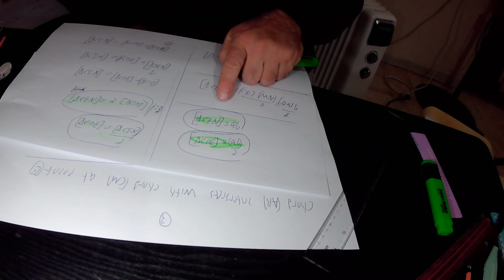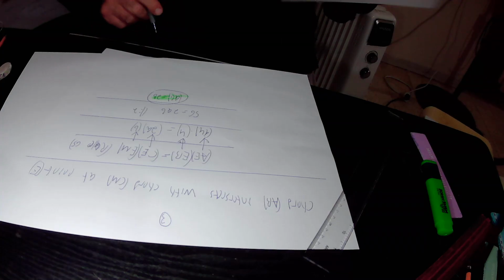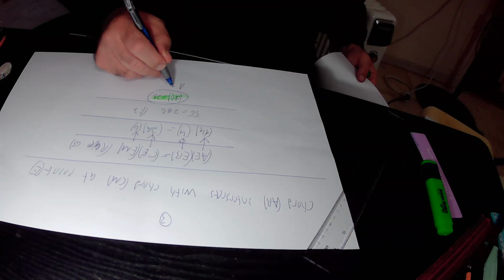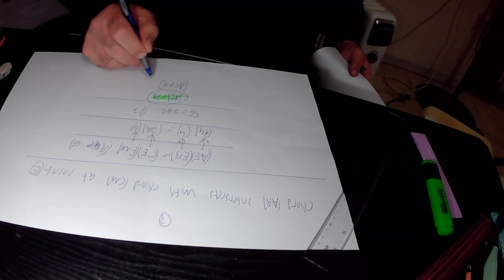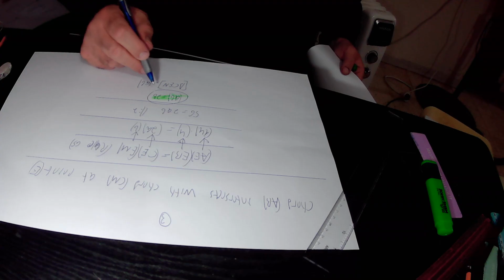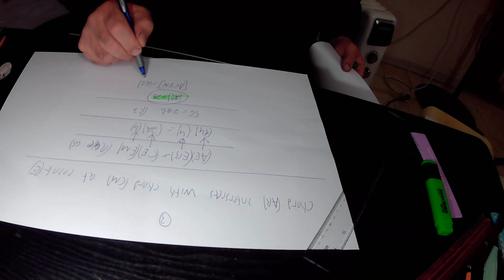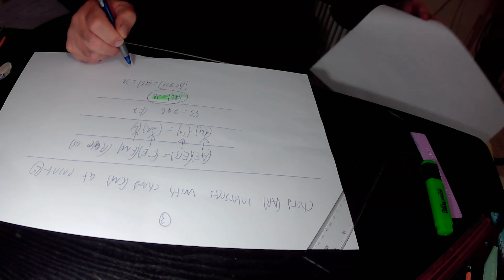But we already found out that the area of the big triangle CEN equals A times B. But we just found out that A times B equals 28. So we can write here that AB equals 28.